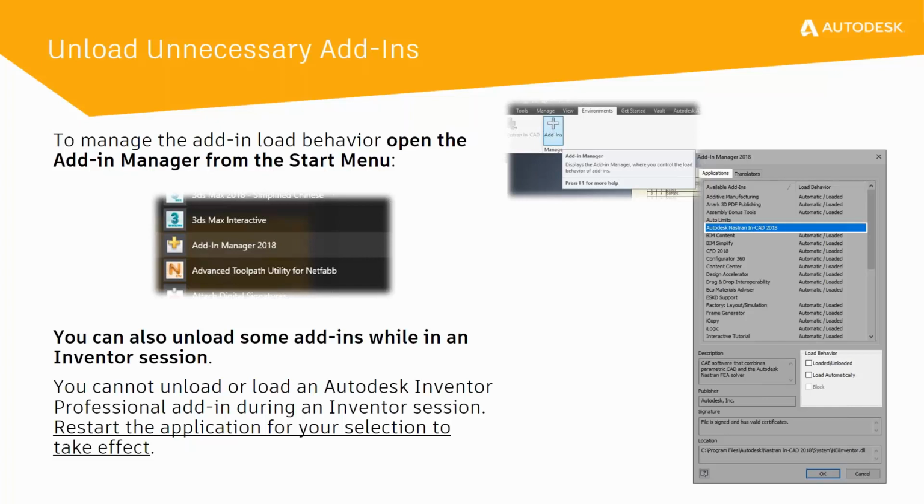Likewise, you can do this inside of Inventor. If you're in an active session, you go to your Environments tab, Add-ins, and that will open the same dialog box. Recognize that if you are unloading and you want to turn off automatic loading of those add-ins, you will need to restart your Inventor session for those changes to take effect.